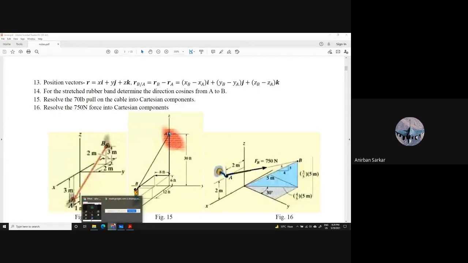Sir, could you repeat what we have to find? Sorry? Sir, could you repeat what we have to find? Yes, the problem statement is right here.